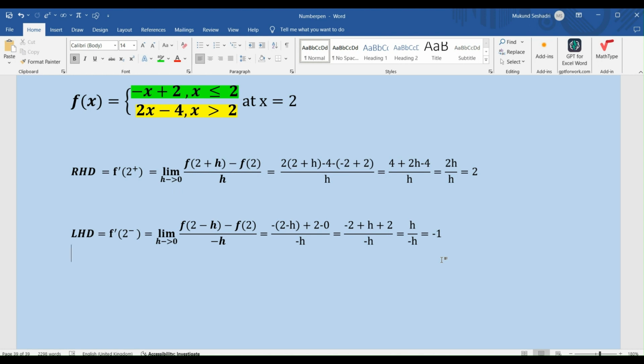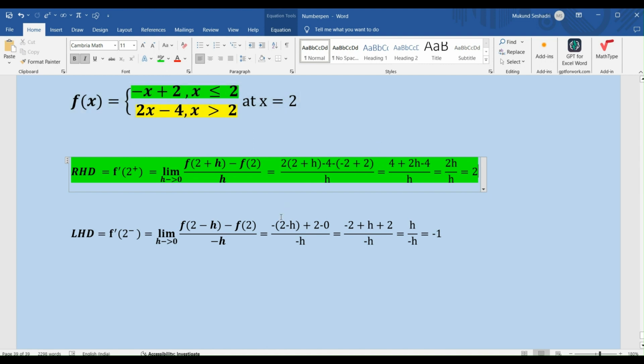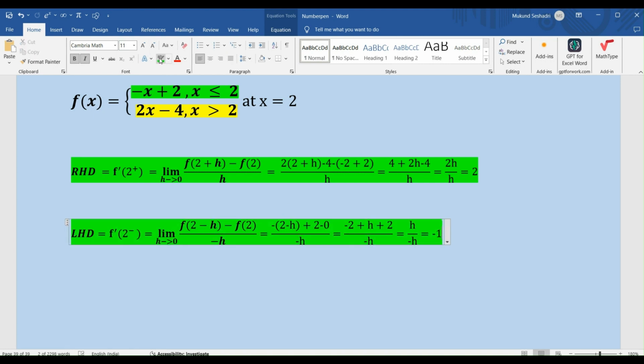So for differentiability of a function at x equals x naught, we know that my RHD, which is my f dashed of x naught plus, has to be finite, condition 1 met. My LHD has to be finite. In this case, LHD is minus 1, which is also met.